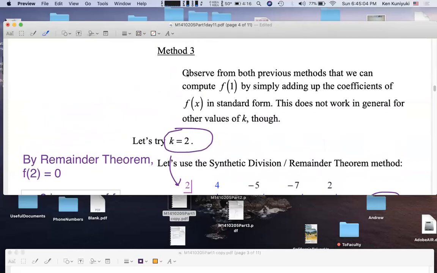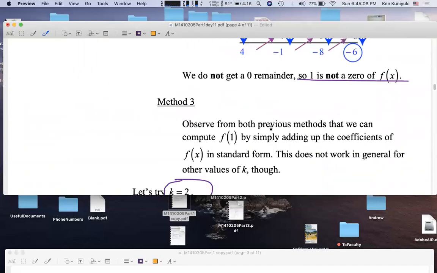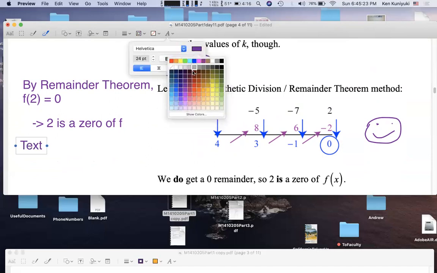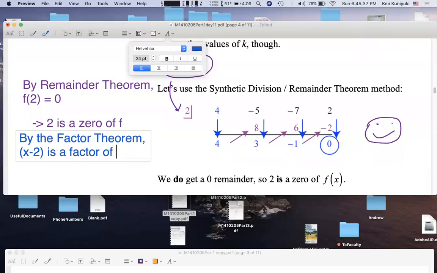If 2 is a 0, then what has to be a factor by the factor theorem? By the factor theorem, if 2 is a 0, then x minus 2 is a factor of f of x.